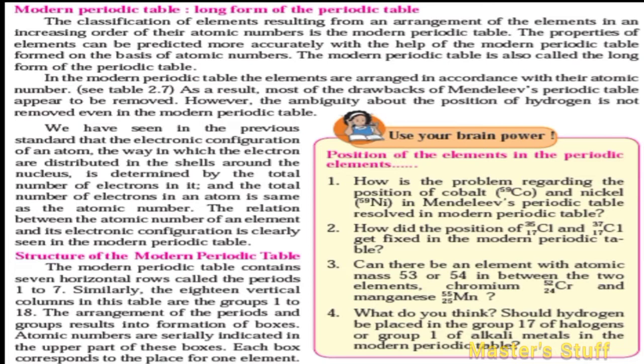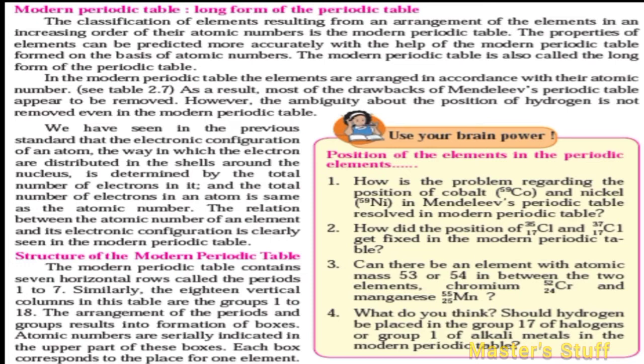Now let's study about the structure of the modern periodic table. Actually, the modern periodic table consists of 7 horizontal rows numbered from 1 to 7, which are called periods.